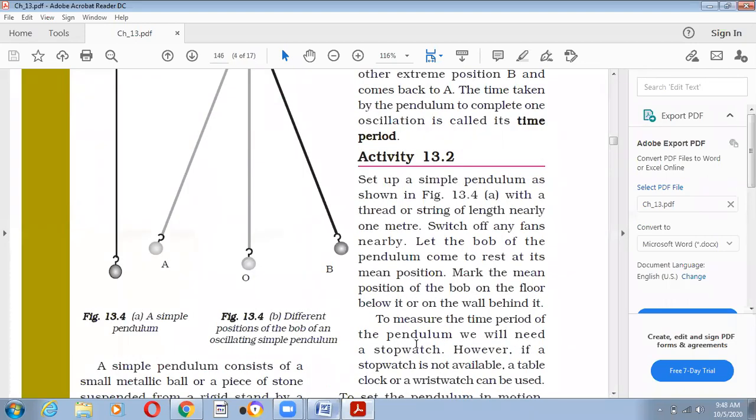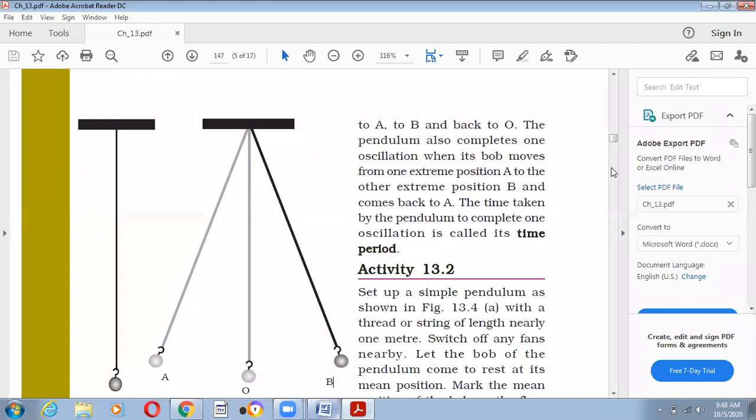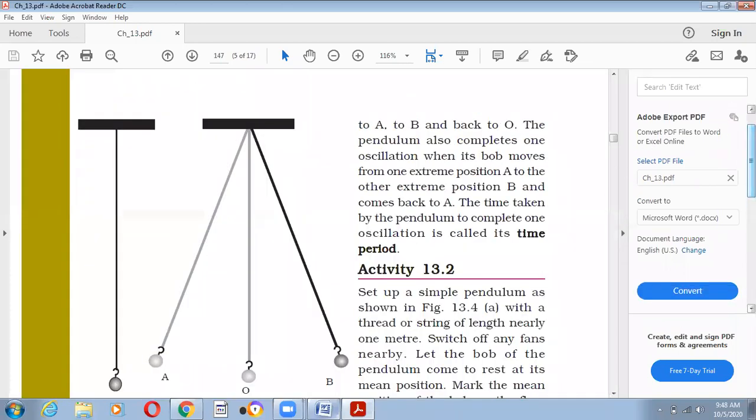Now in oscillation, we have the time period. This is the time taken by the pendulum to complete one oscillation, called its time period. You can make your own pendulum at home.